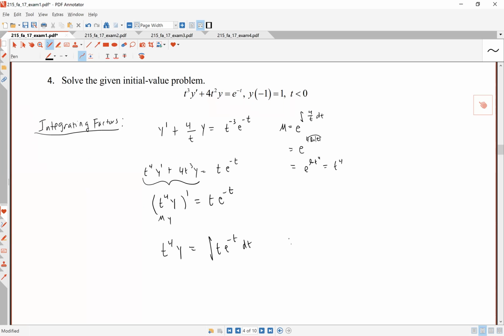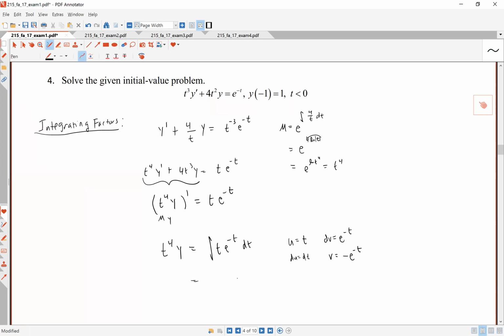We integrate that one by parts. u equals t, dv equals e to the negative t, du equals dt, and v equals negative e to the negative t.